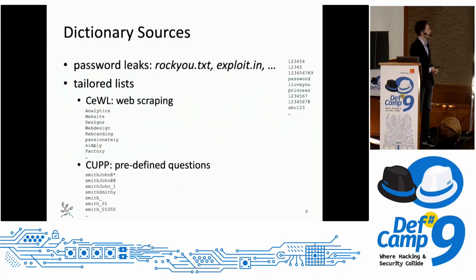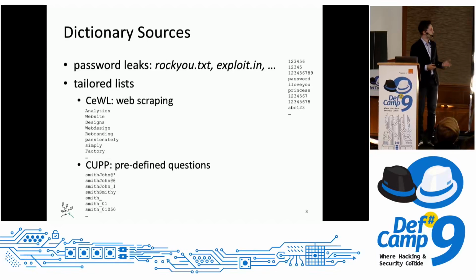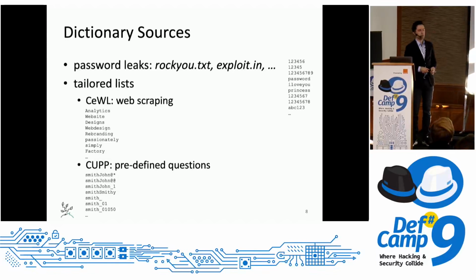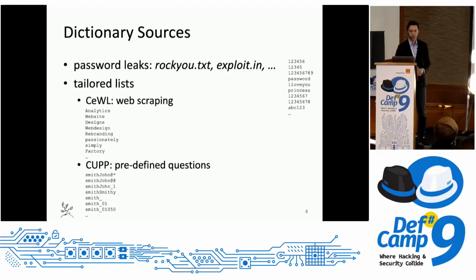The most common approach is just to use a password leak, like the rockyou.txt password list, or the exploit.in database or password list, or the Anti-Public combo list, whatever you want to take. So basically, you take some existing password leak and you attack the password. And that's, for instance, the most common passwords in rockyou.txt. Rockyou.txt is pretty old, by the way.